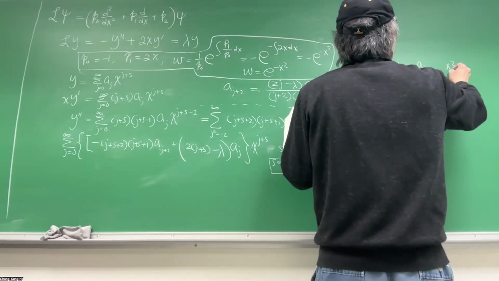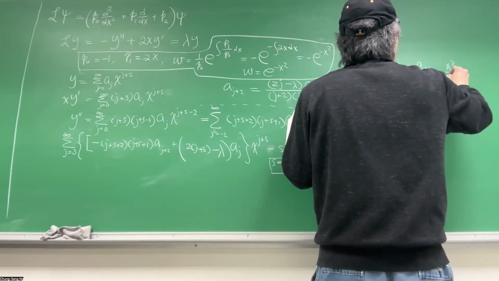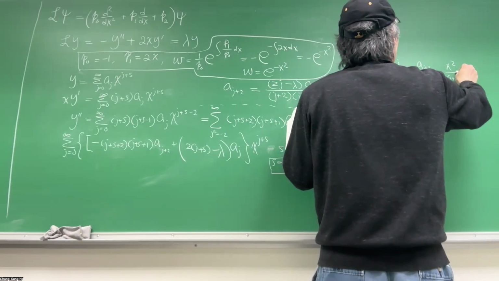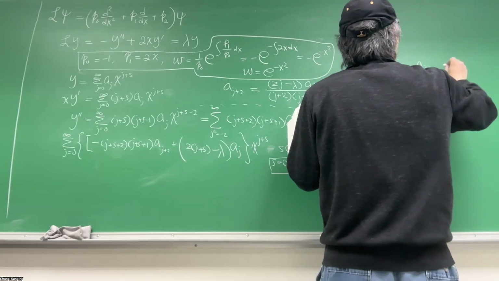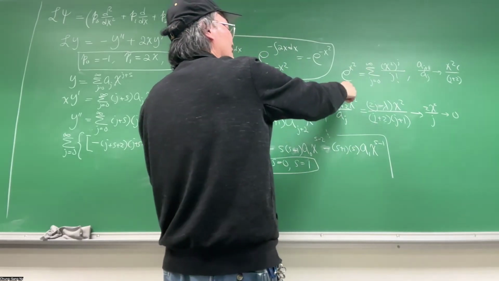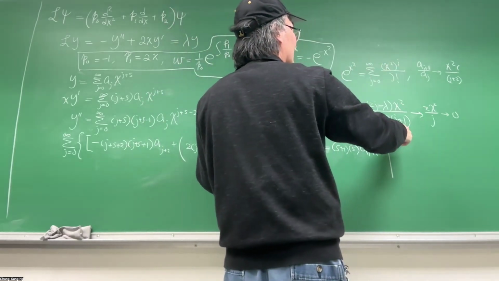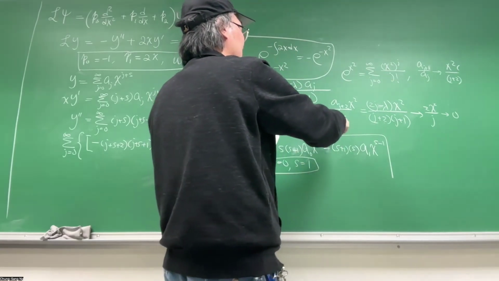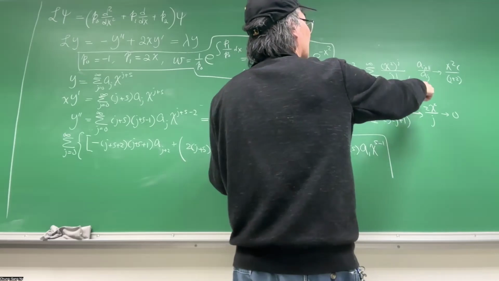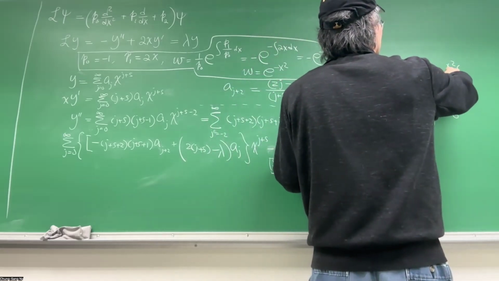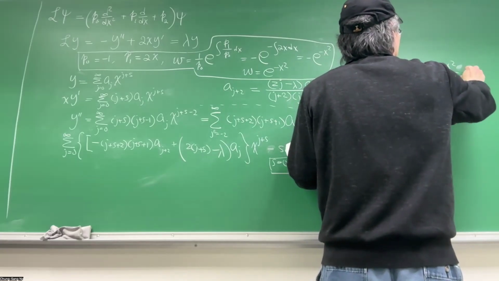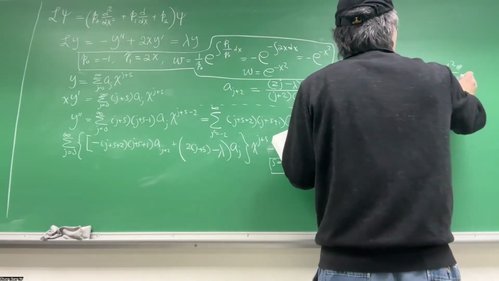For this one it's j plus 1, because it's only jumping by 1, while the other one is always jumping by 2. So this successive term is x squared times j plus 1 factorial divided by j factorial. You cancel the rest, and it becomes x squared over j plus 1, or about 1 over j.